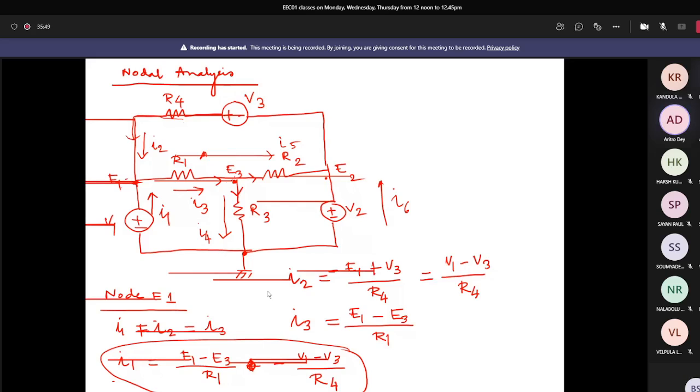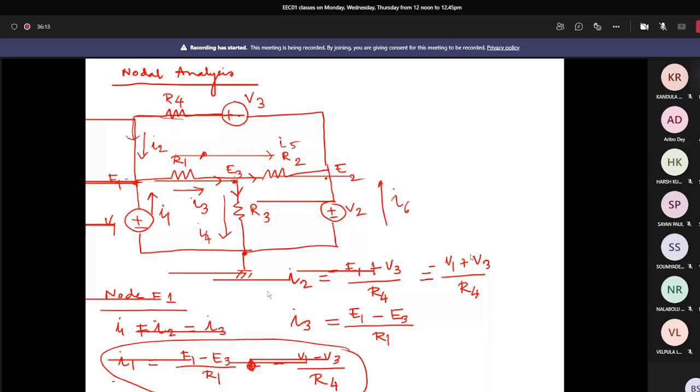Sir, there is no zero potential before V3, so how can we assume V3 minus E1? There is E2 potential, which is equal to V2, right? Yes, no resistance is there, so you can write E2 is equal to V2.